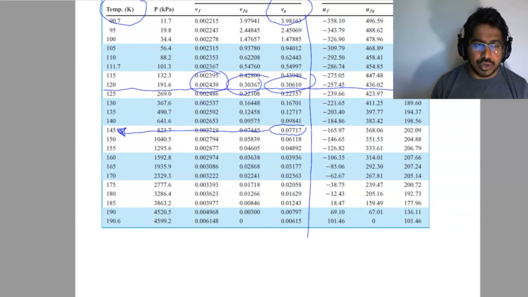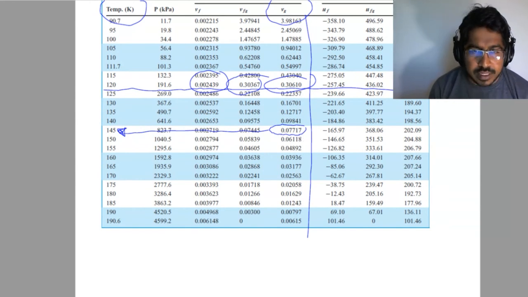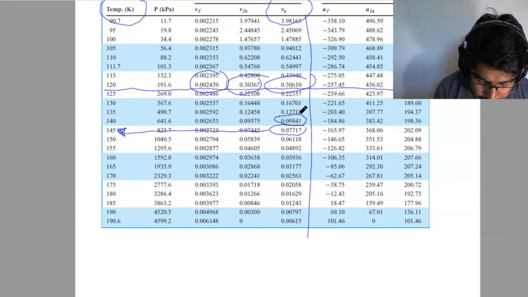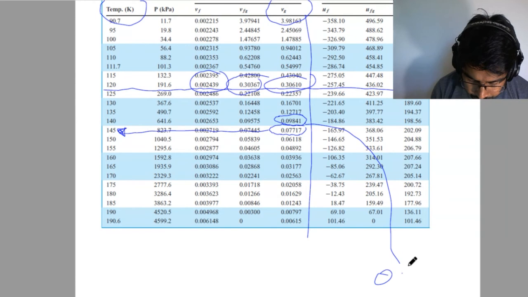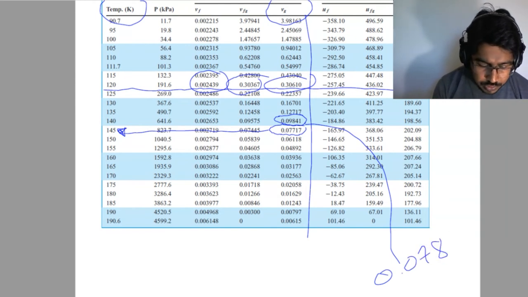But if you feel you need further accuracy, then you have to find the bracket in which 0.078 is included. If you go down to 150, your specific volume is 0.06, which does not include 0.078. So if you go up here, 0.078 should be somewhere between these two numbers.